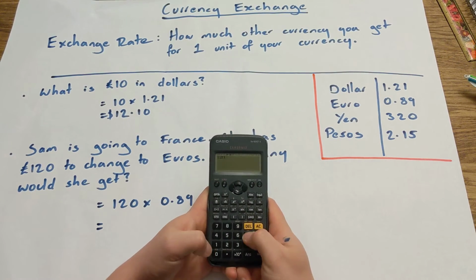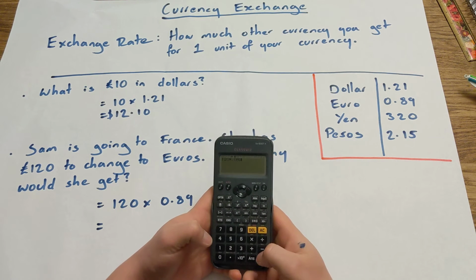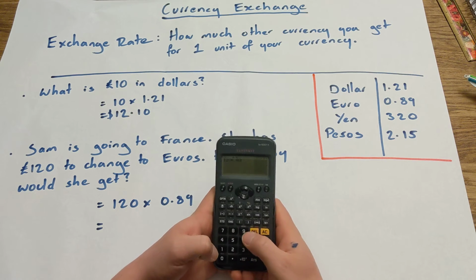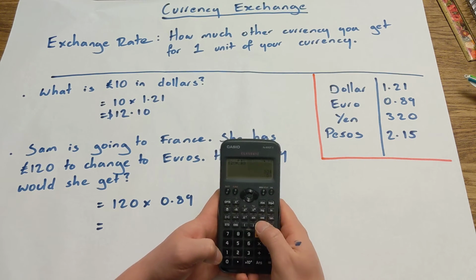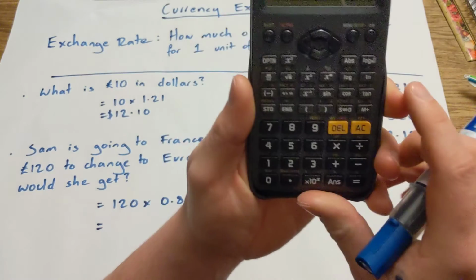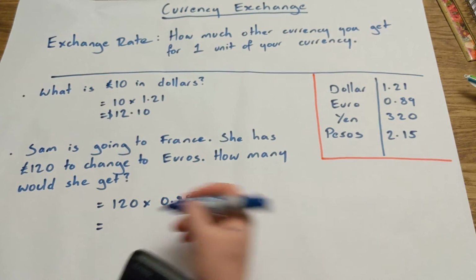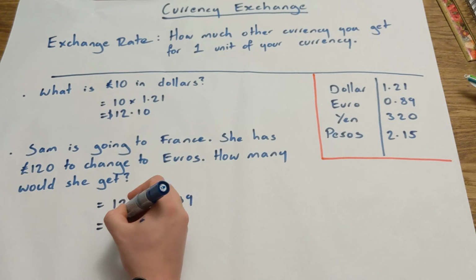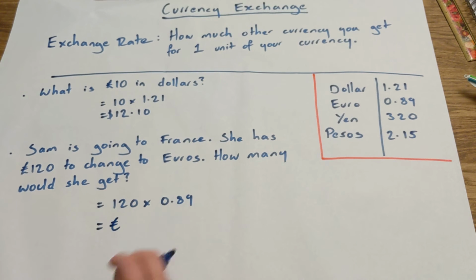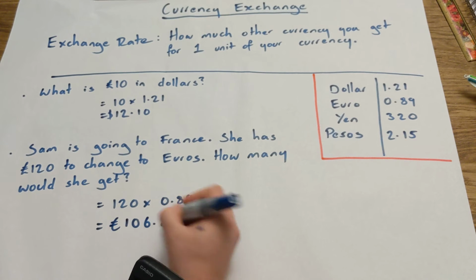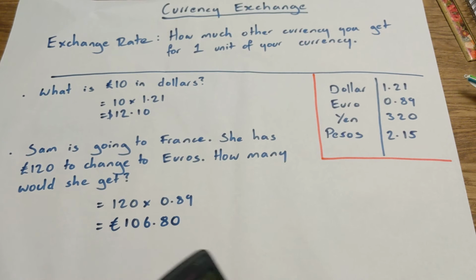So 120 times 0.08, sorry, made a mistake, 120 times 0.89, and that gives me, you can see here, 106.8. Okay, symbol for euros, doesn't matter if you get your symbols wrong, it's okay, is 106.8, but it's money, it's 2 decimal places, so we'll put a 0 on the end.